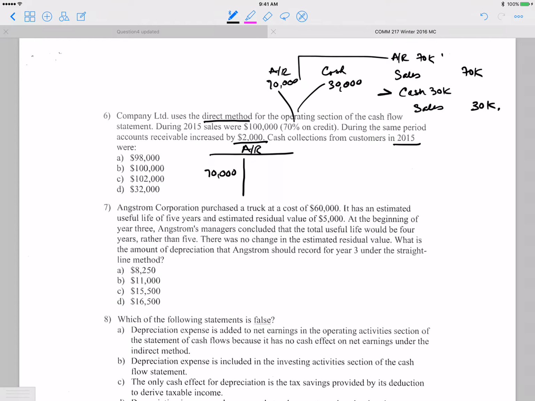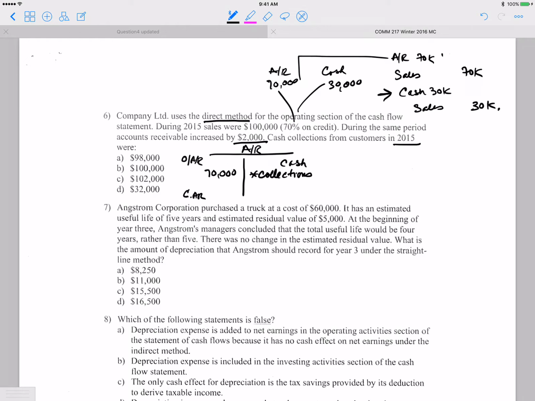So I'm collecting cash of 30,000. During the same period, accounts receivable increased by 2,000. So we know the difference between the opening AR and the closing AR is 2,000. The other thing we know is any credits to the AR account are collections, cash collections from customers.